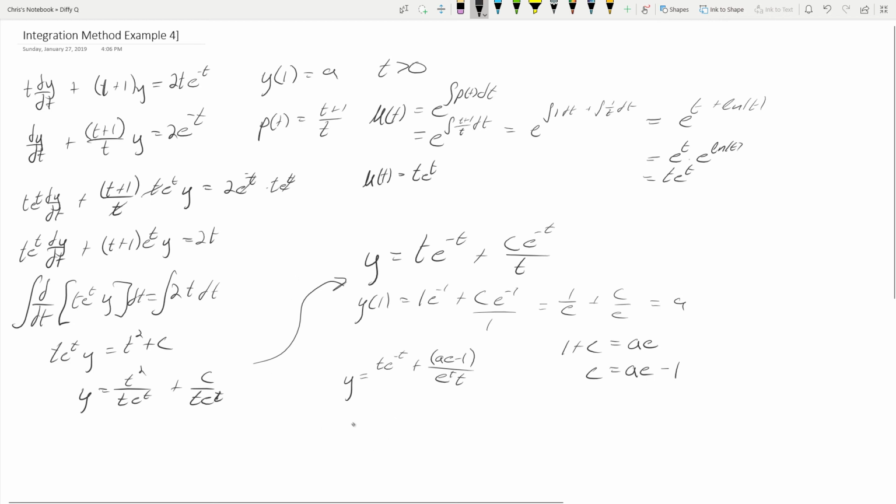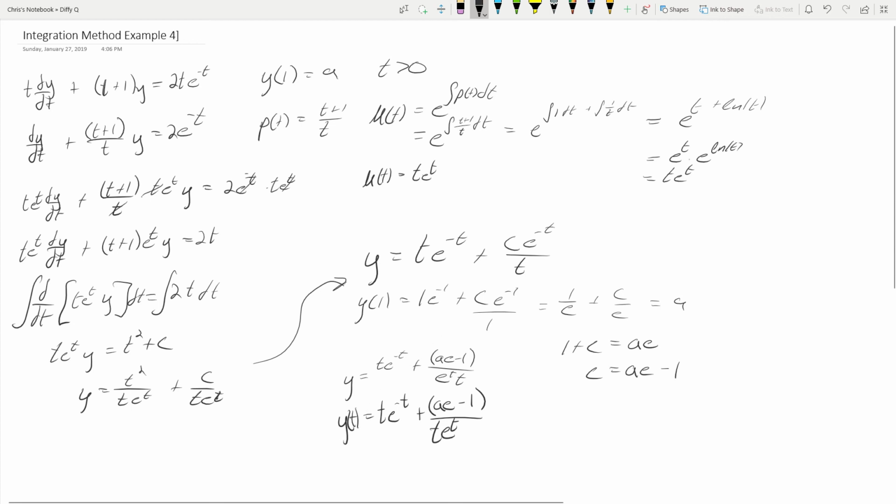So y(t) is equal to t e to the negative t plus (a e minus 1) all over e t.